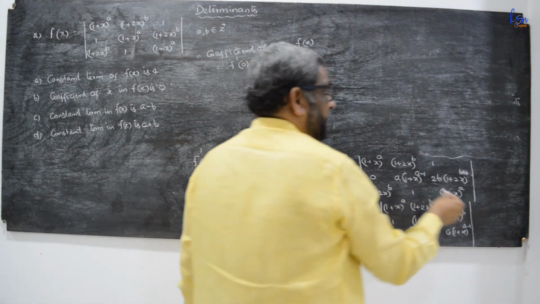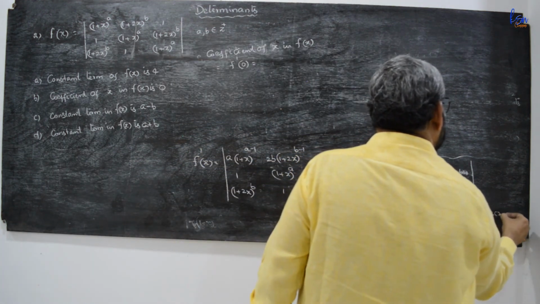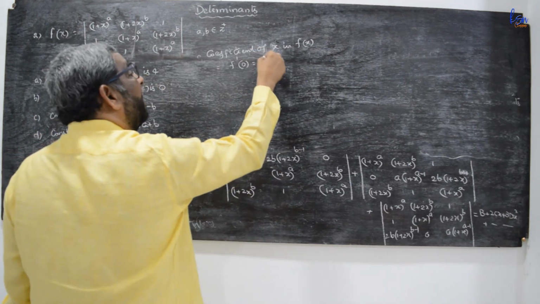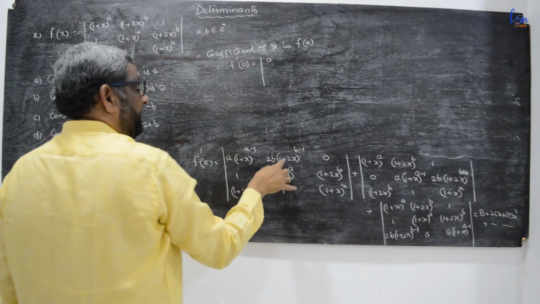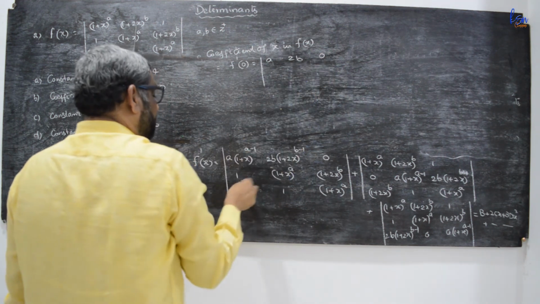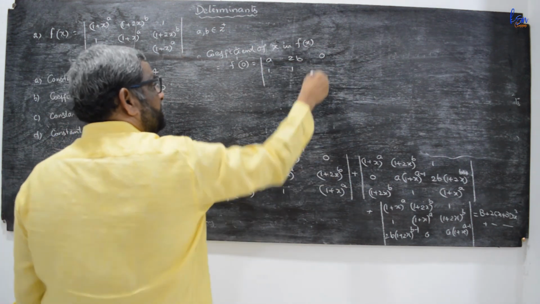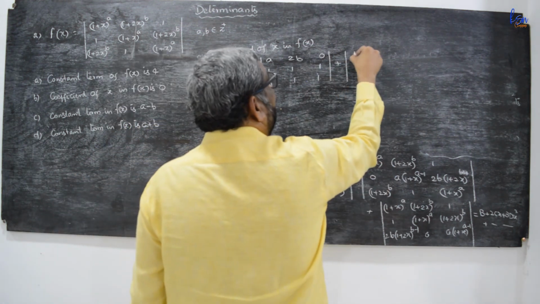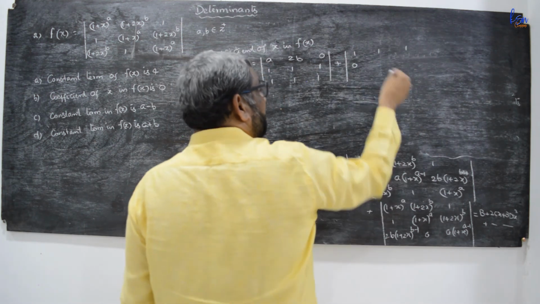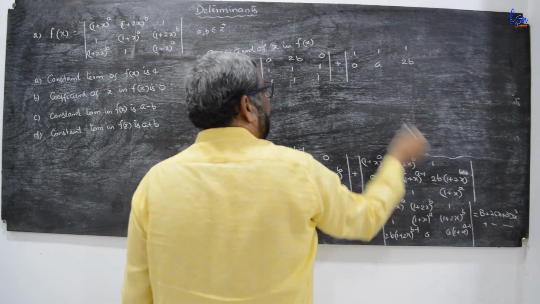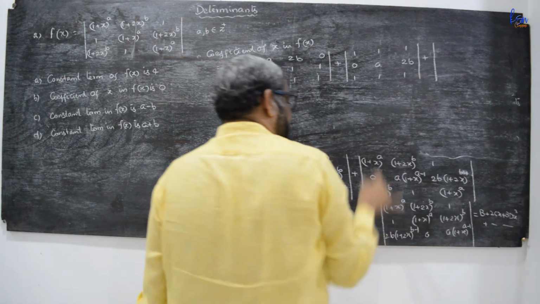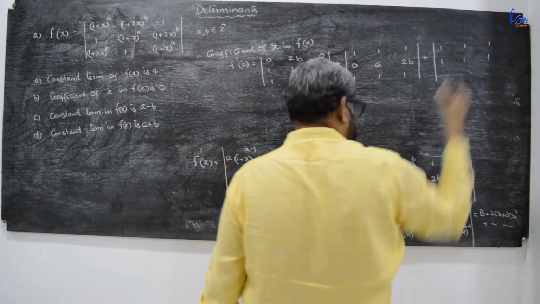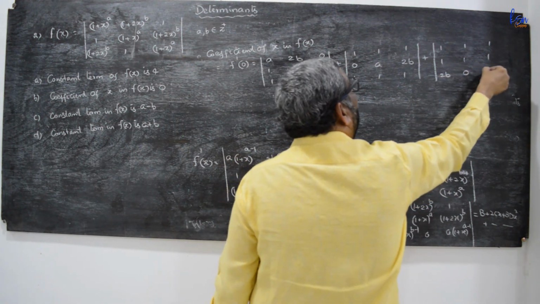Here I can write this as b plus 2cx plus 3dx square plus so on, and therefore f dash 0 is equal to: the first determinant with rows 0, a, 2b; 1, 1, 1; 1, 1, 1, plus the second determinant with rows 1, 1, 1; 0, a, 2b; 1, 1, 1, plus the third determinant with rows 1, 1, 1; 1, 1, 1; 2b, 0, a.